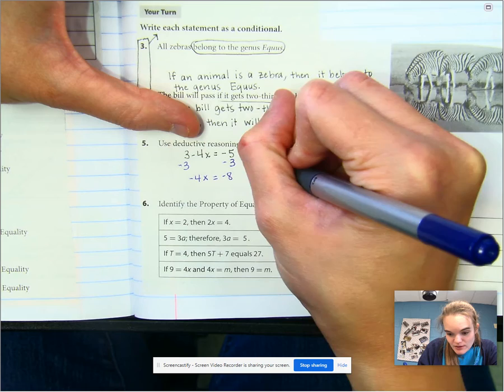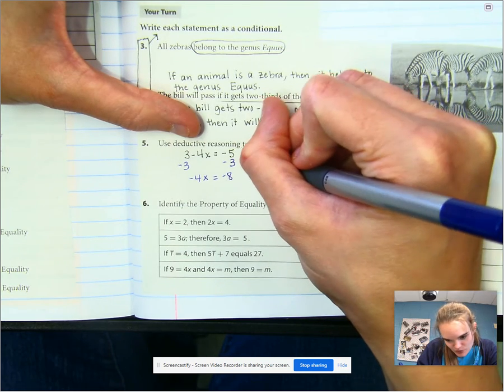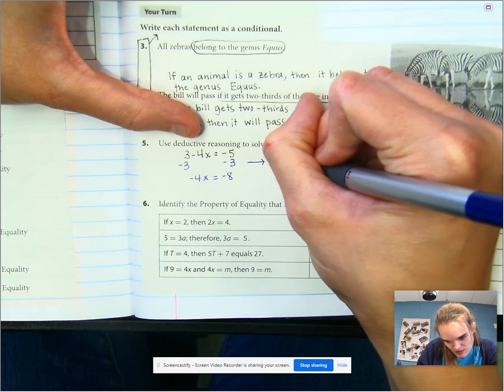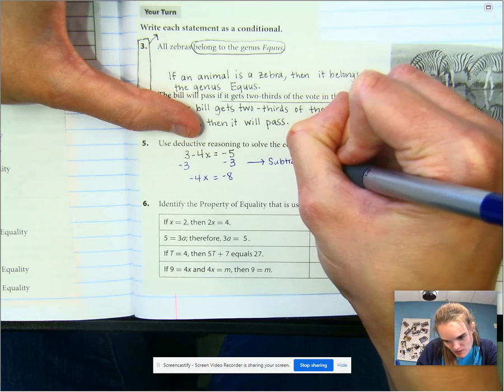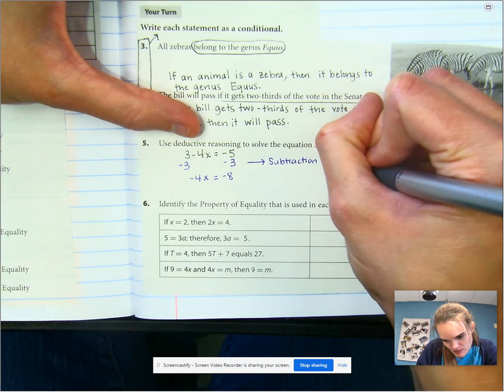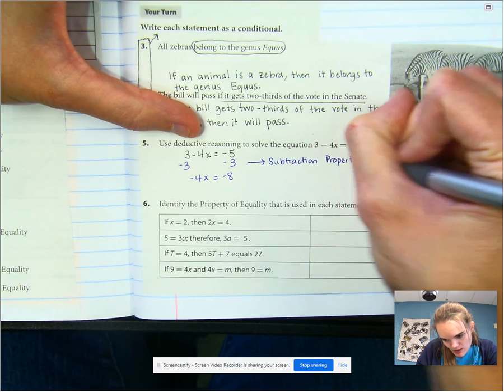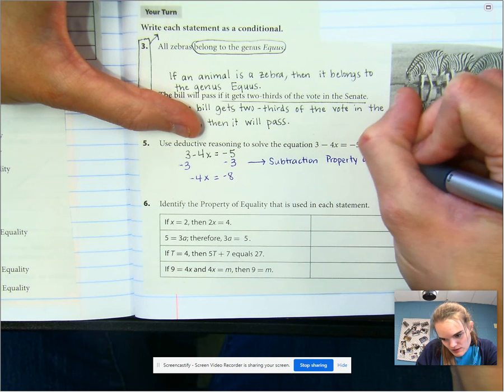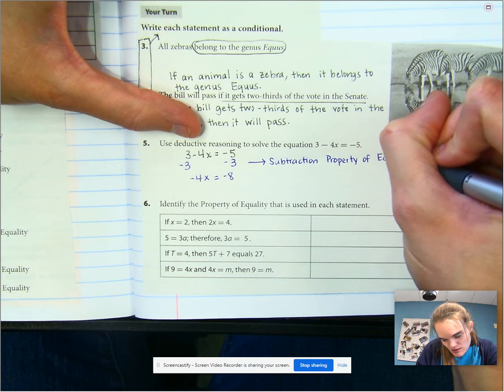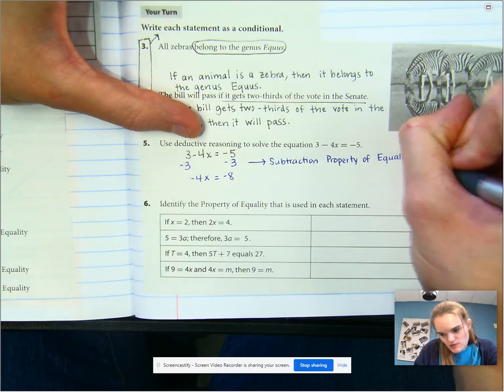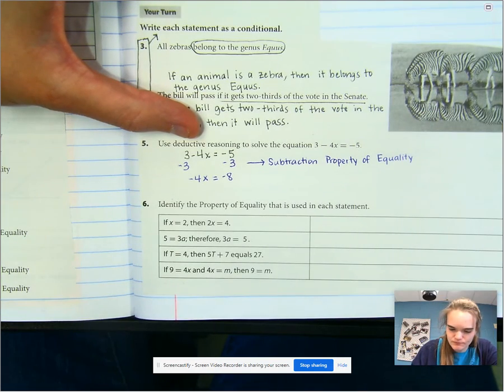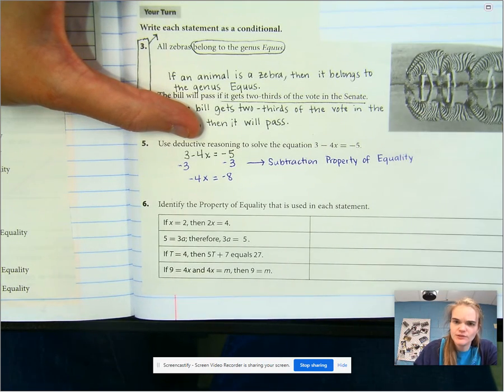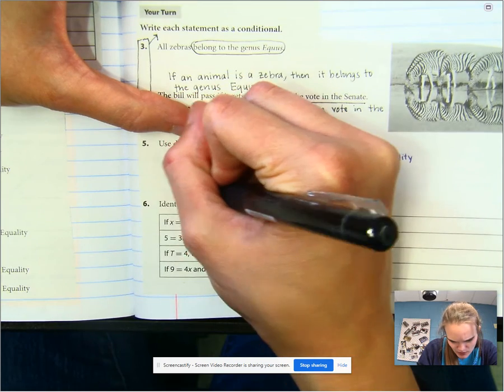Why did I do that? Because of the subtraction property of equality. That's why. Okay, now what would I do? I would divide by negative 4.